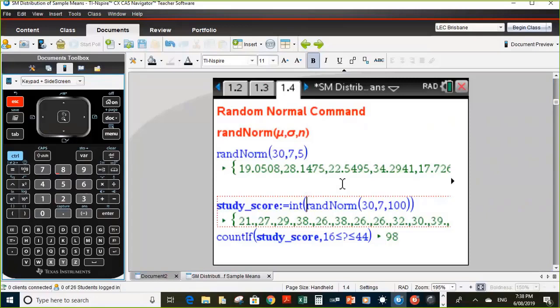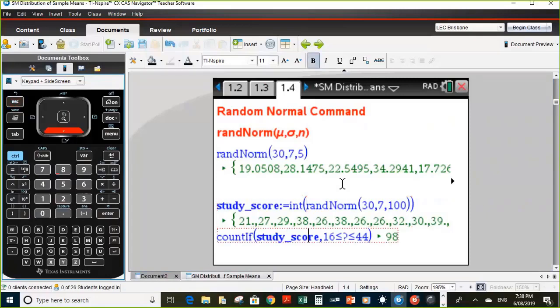So we've got a mean of 30, a standard deviation of 7. So it's a population mean of 30, a population standard deviation of 7, and we've got 100 study scores. What you can do is illustrate this nice property that about 95% of those study scores should lie between the mean minus 2 standard deviations and the mean plus 2 standard deviations.